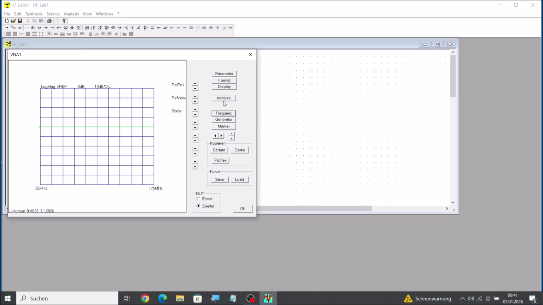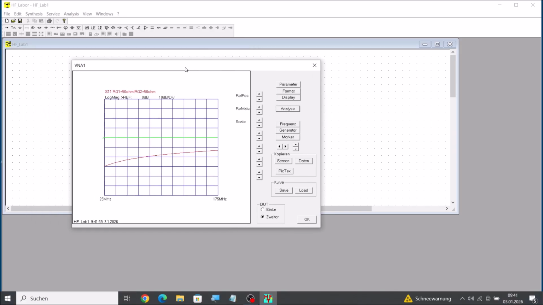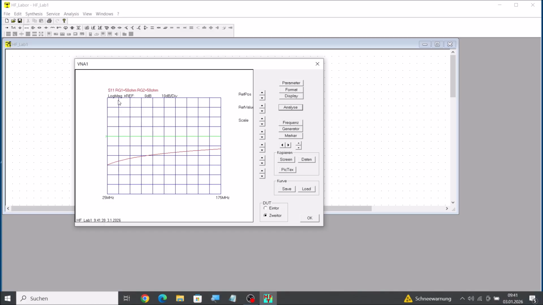Of course now we can already do the analysis, and we find here, for example, the parameter S11 again in the LogMag scale. This means the parameter S11 is given in dB. And we can read out the value at 100 megahertz using the marker function.